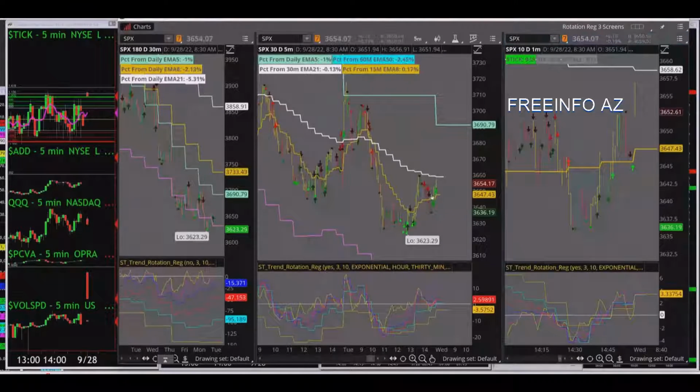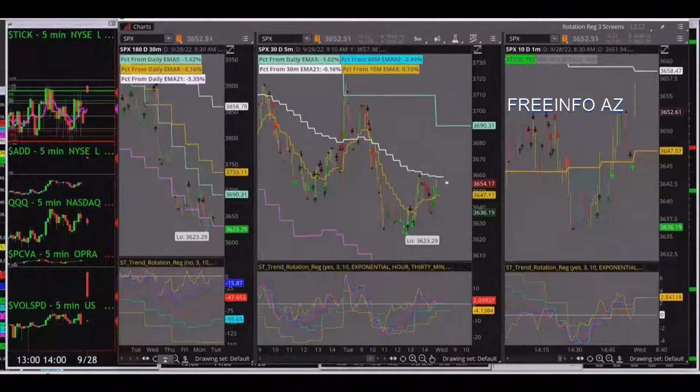We want to see either that we're at the 21 EMA from the 30-minute chart, and right now we're 0.1% away and looking to fade that, or like here, where we were close to 1% away and looking for a move back to it. When we open right at it, there's not a lot to do at the open, but we do want to watch and see how things are doing there.